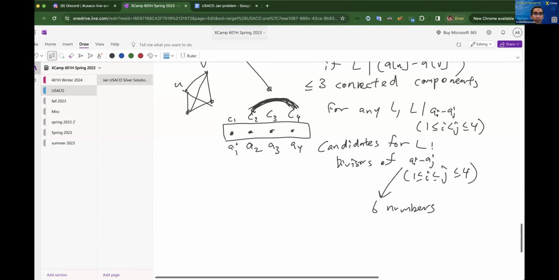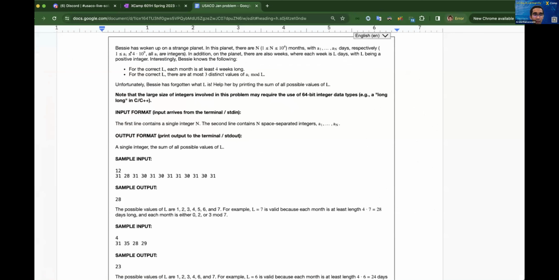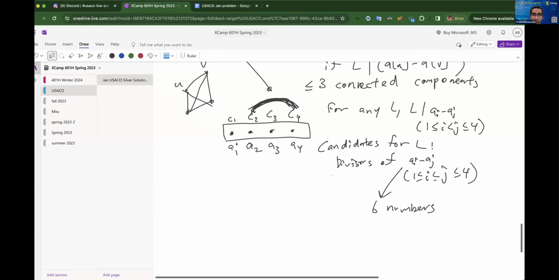of these pairs. And we have from the constraints that it's up to 4 times 10 to the 9. So basically we can just iterate over the divisors. So the number of candidates for L is at most like square root of 4 times 10 to the 9, times 6.